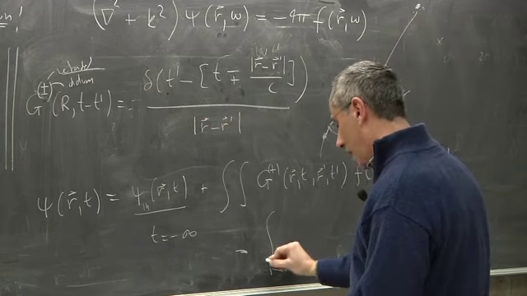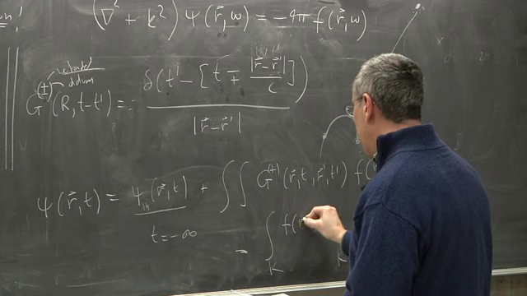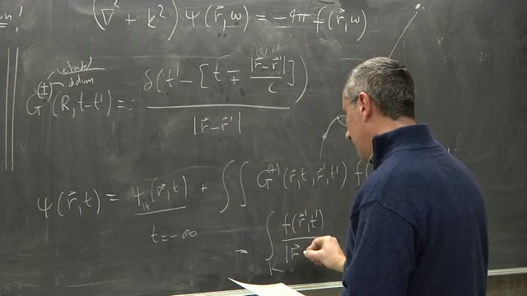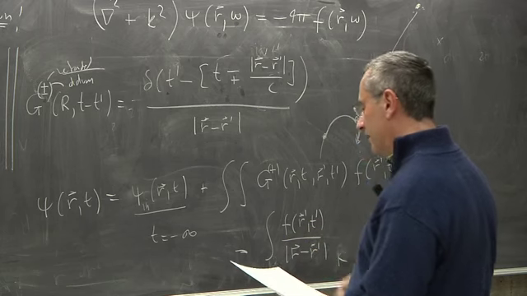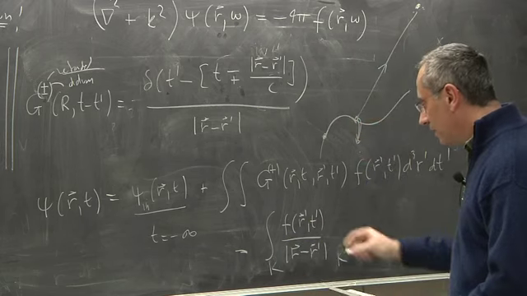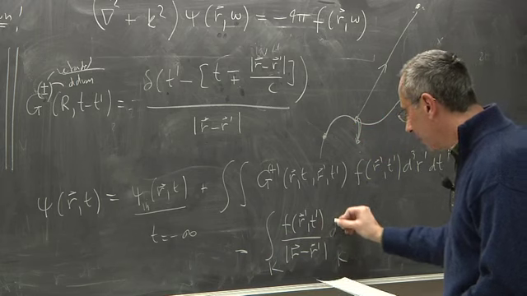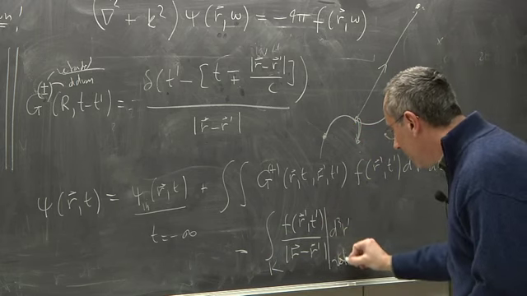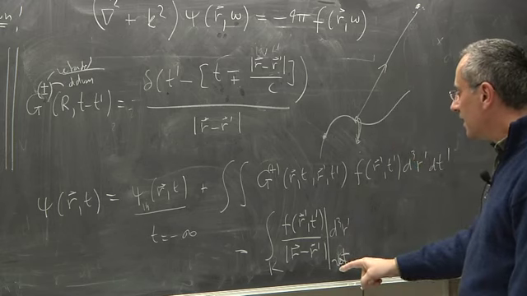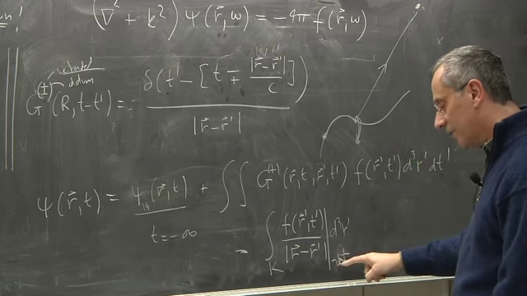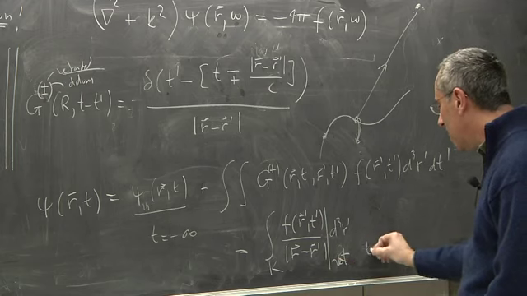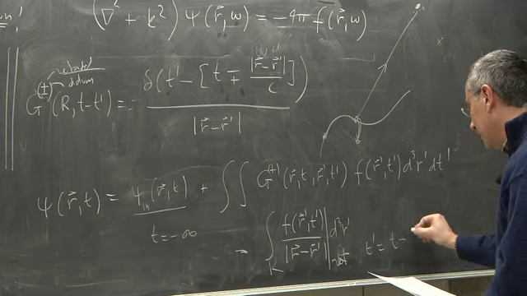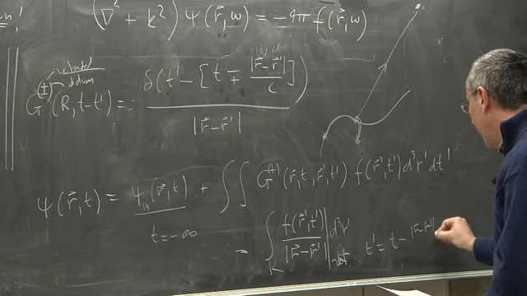So this solution is just exactly the same as in the Poisson equation case. The only thing is that here I should remember that this t prime is at the retarded time, meaning that t prime is not the t at which I'm evaluating, but is t minus r prime divided by c.